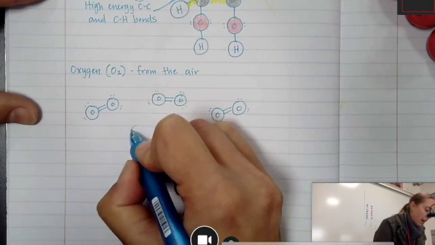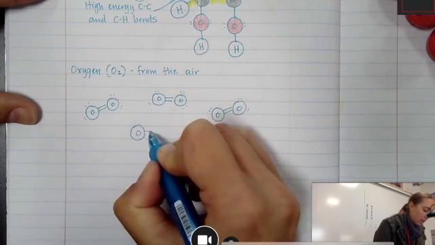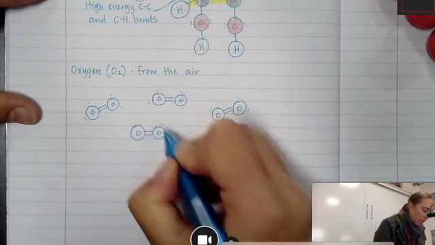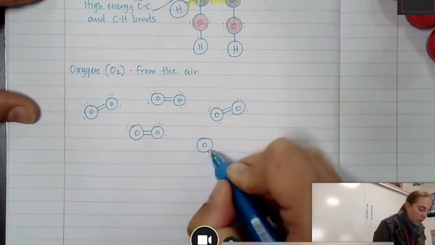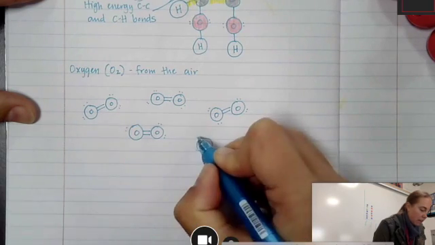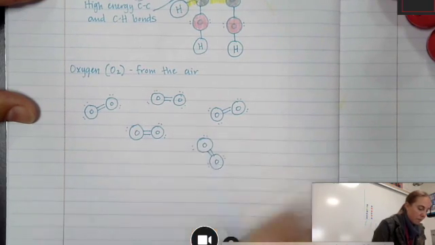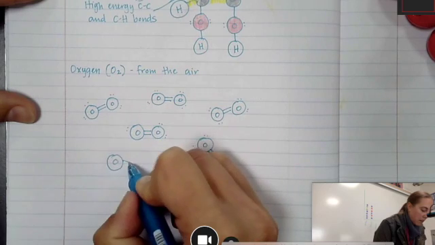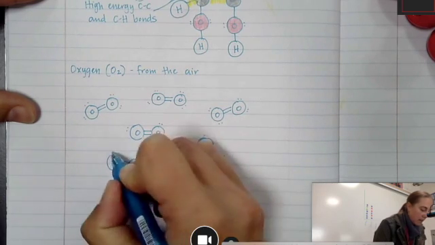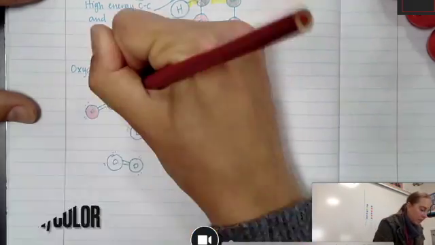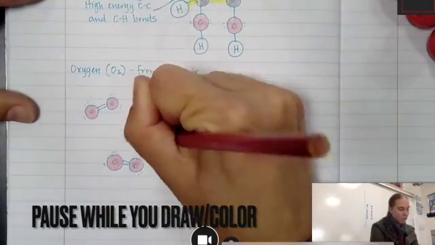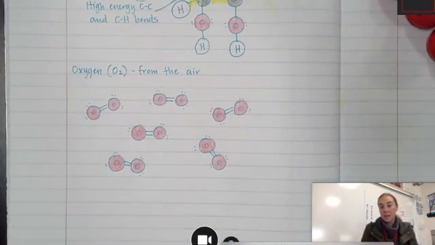Hopefully you said 6. So I'm going to make sure that I have 6 oxygen molecules in my diagram. So one more. And oxygen is red, so red colored pencil. All right, so those are my 6 oxygen.